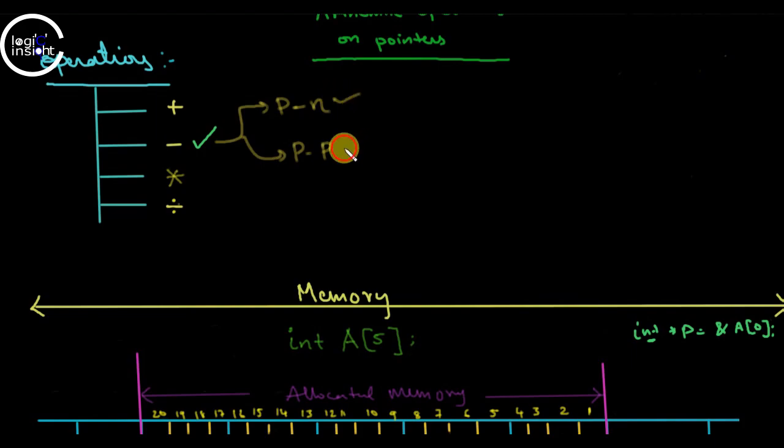This is also legal, and we can expect the output. But if I do pointer minus pointer of different arrays, then it is unpredictable behavior, okay. If pointer 1 is an integer pointer and pointer 2 is a character pointer, it also doesn't make any sense, okay. So if we need to do the subtraction operator, make sure that these two are the only cases, okay.